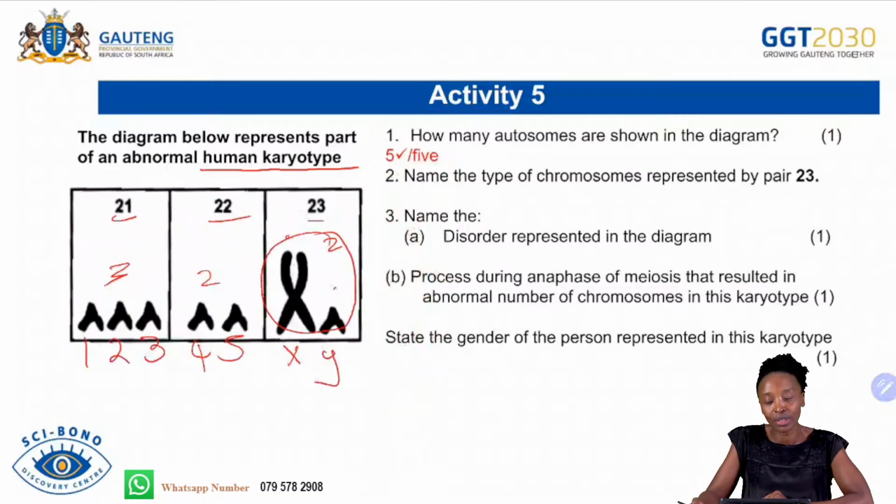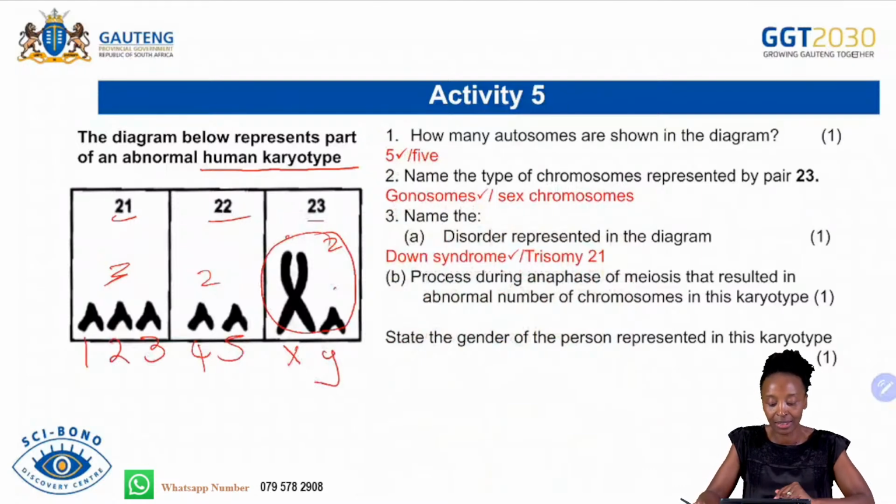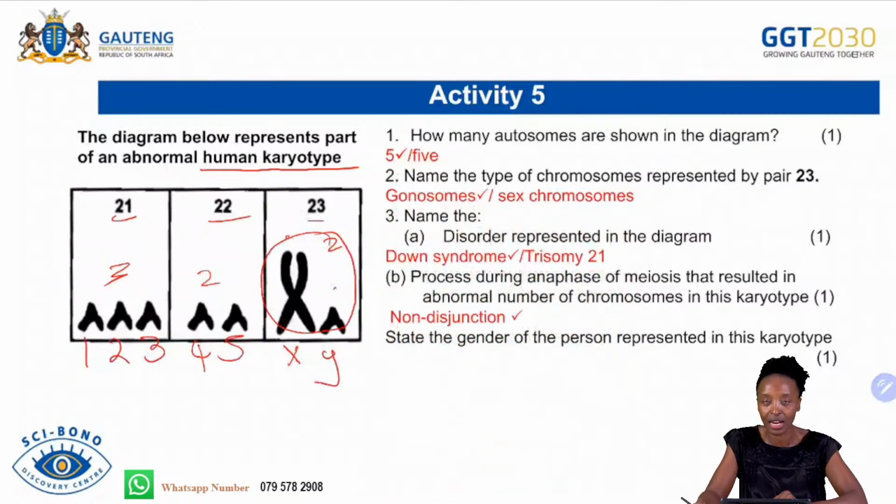The X and Y, we said those are the gonosomes or sex chromosomes. Name the disorder represented. The disorder is called Down syndrome. Name the process during anaphase of meiosis that resulted in this disorder. The process is non-disjunction, the failure to separate.